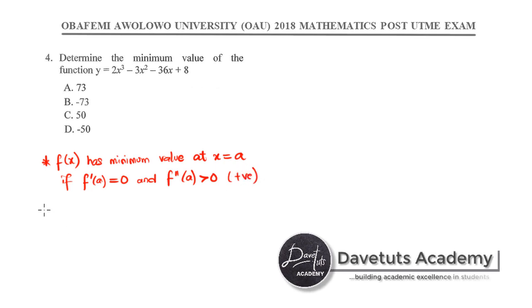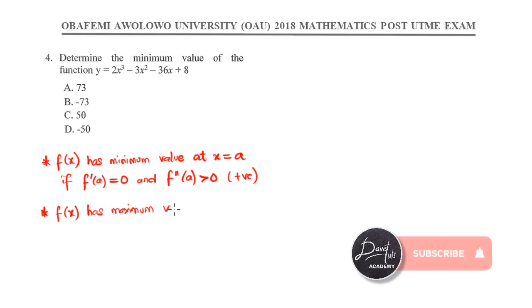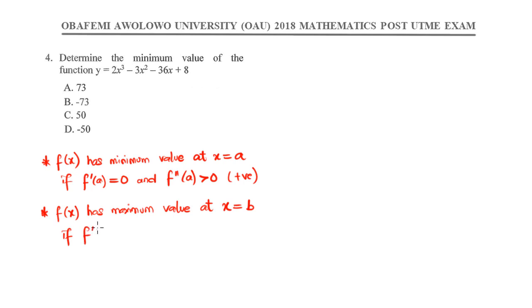And we can also define the case for the maximum value. So the function of x will have a maximum value at the point, let's say x is equal to b if two conditions are met. First, the derivative of the function when we input the value b is 0, and second, the second derivative of the function when we are using the value of b is less than 0, that is, it is negative.